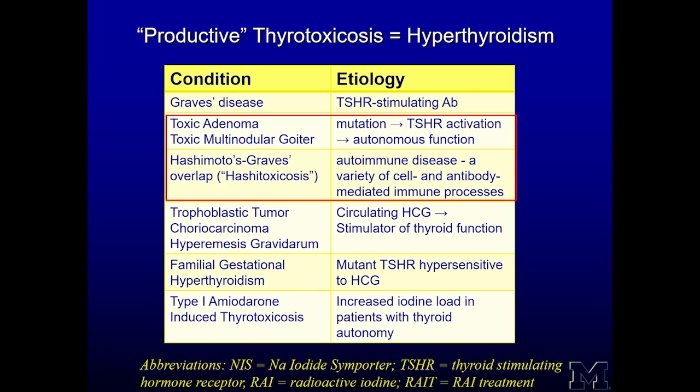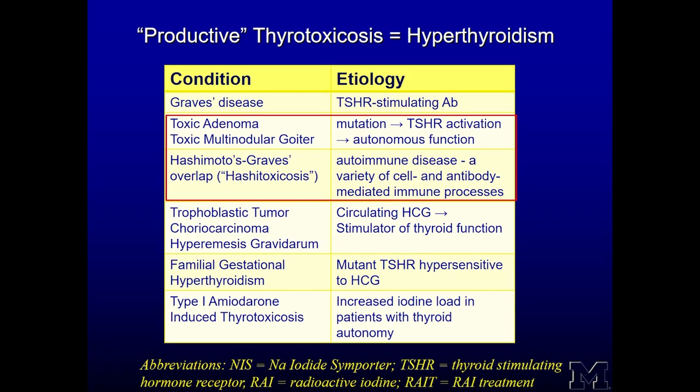They could be described as two sides of the same coin, which is thyroid autoimmune disease. Therefore, we can have both the presence of cellular autoimmunity with lymphocytic thyroid infiltration, characteristic of Hashimoto, and also the presence of anti-TSH receptor stimulating antibodies, characteristic of Graves' disease.